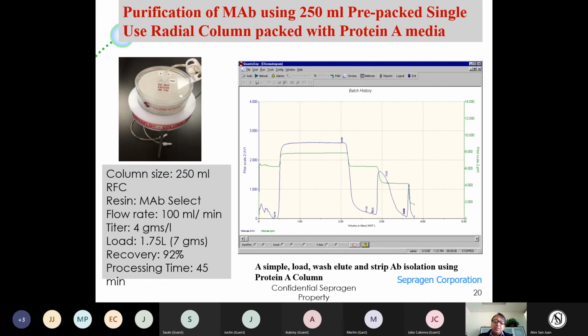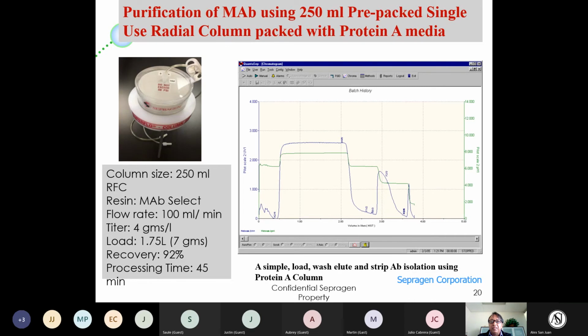Many companies are using radial flow columns even for R&D or development use, where we pre-pack these columns with their resin of choice.